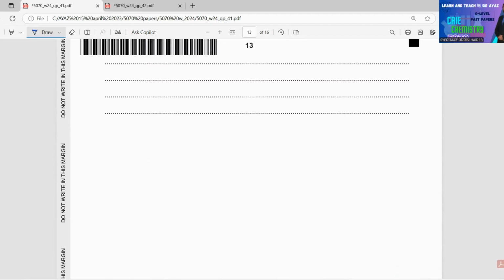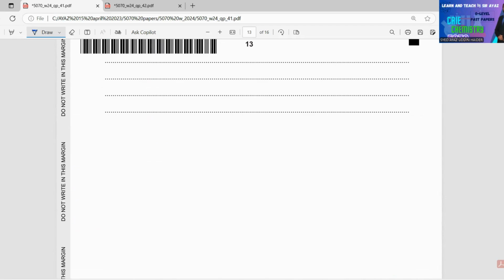So for the apparatus, a suitable named container in this reaction, like you have a beaker, you can use a beaker in this reaction. So I'm going to draw the beaker. This is beaker. I will write beaker here.